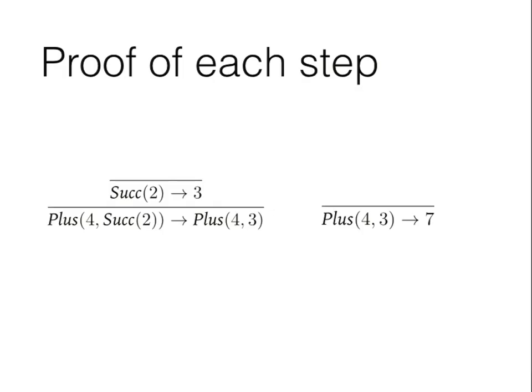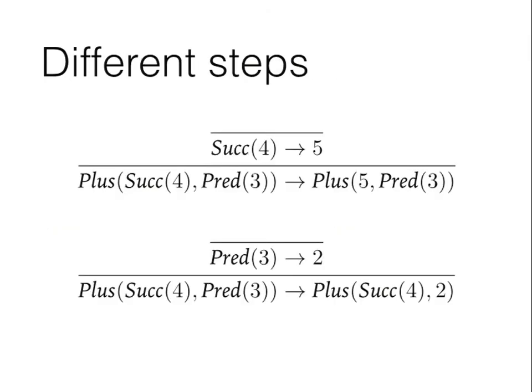And like I said, for each step of the computation, there should be a proof justifying that step. And now one thing that you might anticipate here is that there's many different ways that you can reduce an arithmetic expression to get to the final answer. And this relation models that, okay? So if you've got this expression that I have here, it can take two different steps to two different expressions.